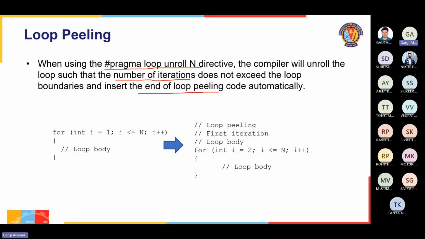Here, the first iteration is removed and the remaining are kept in the loop body. This technique is called loop peeling, which can be used over loop unrolling if the number of iterations cannot be divided as per the amount of operations being performed.